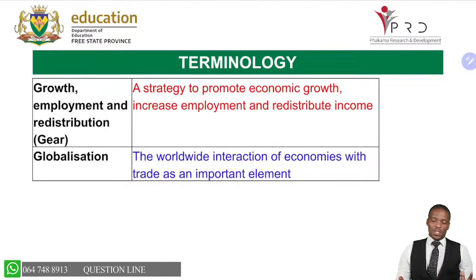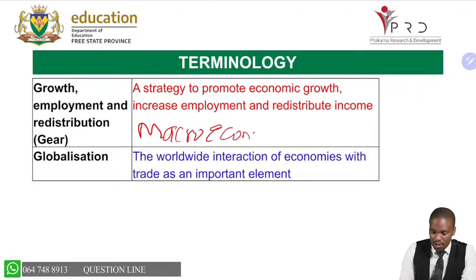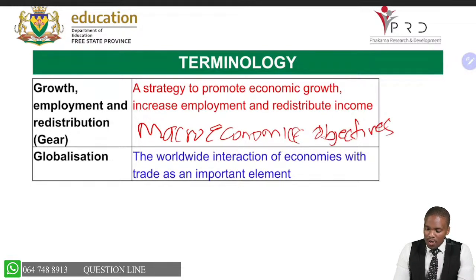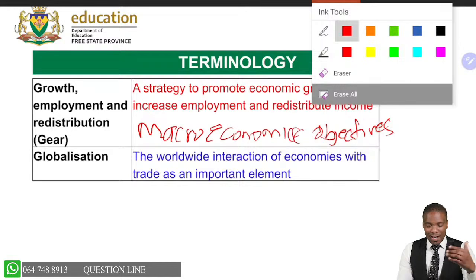Now, I want us to approach it in this way, grade 12s: every time we do economic growth and development policies, let us think or recall the macroeconomic objectives by the state. If we can just remember those, they will assist us in remembering this topic as we go on.